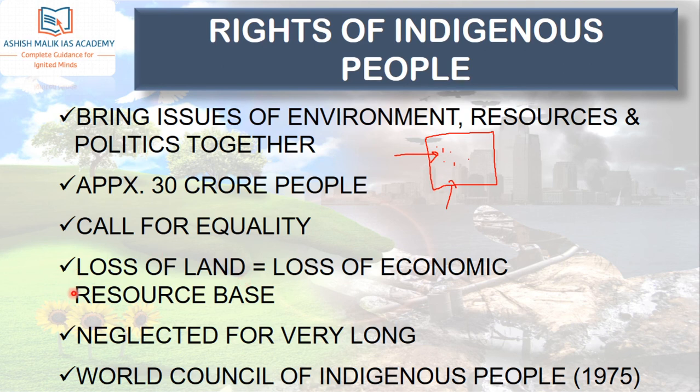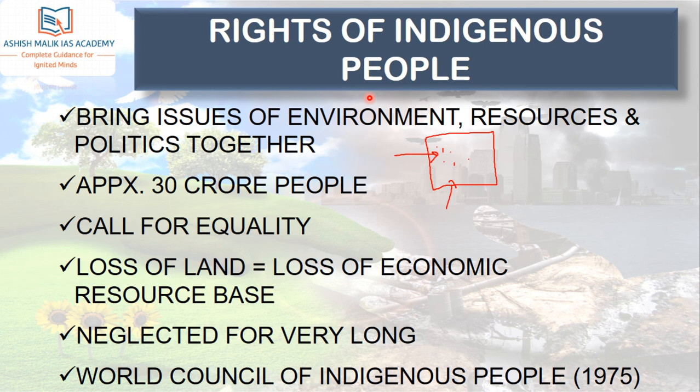And the issues of indigenous people have been neglected for very long. But finally, in 1975, the World Council of Indigenous Peoples was formed, and it started talking about the issues which indigenous people face, and now many NGOs have been formed, even under the UN, and the world has started considering the issues of indigenous people.